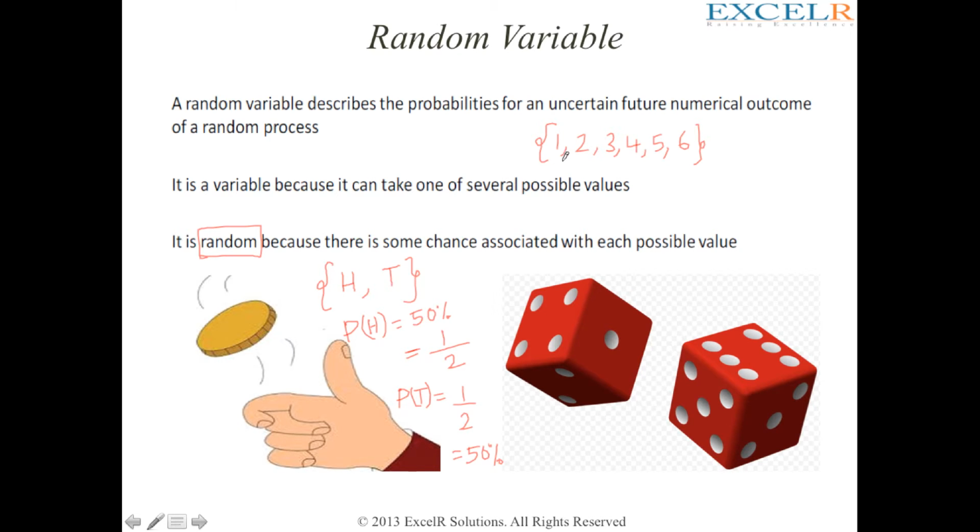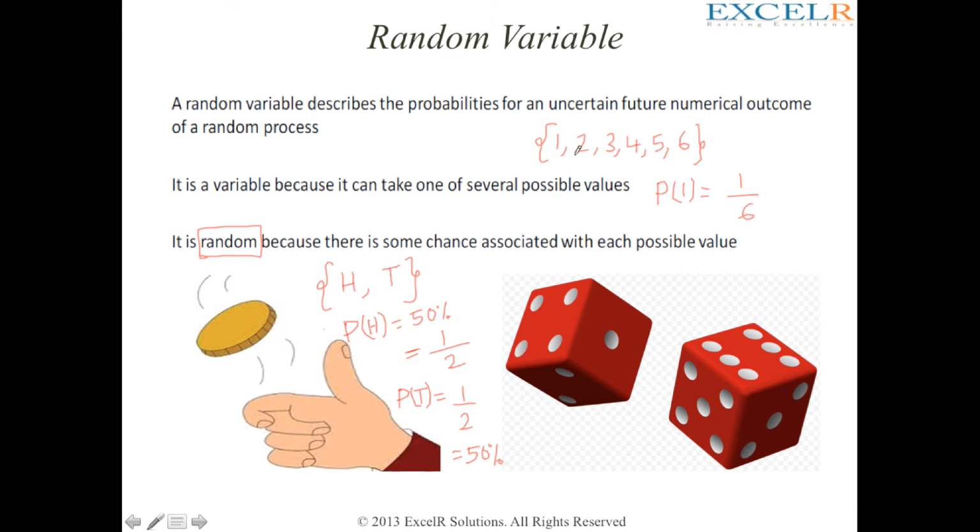However, what is the probability of you getting a 1 if you roll a die? The formula is simple. Probability of getting 1 is equal to 1 event out of how many total possible events? 1, 2, 3, 4, 5, and 6. So there is a probability associated with getting a number 1.